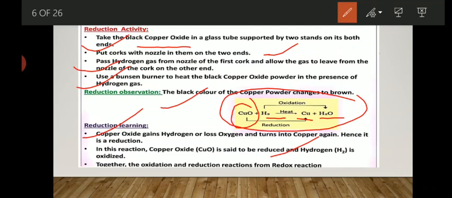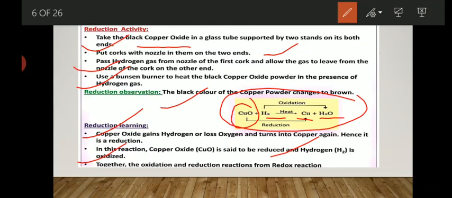Already I explained that copper oxide reacts with hydrogen gas to give copper and water molecule. So here copper is losing oxygen and hydrogen gas is gaining oxygen. That's why copper undergoes a reduction process and hydrogen undergoes an oxidation process.